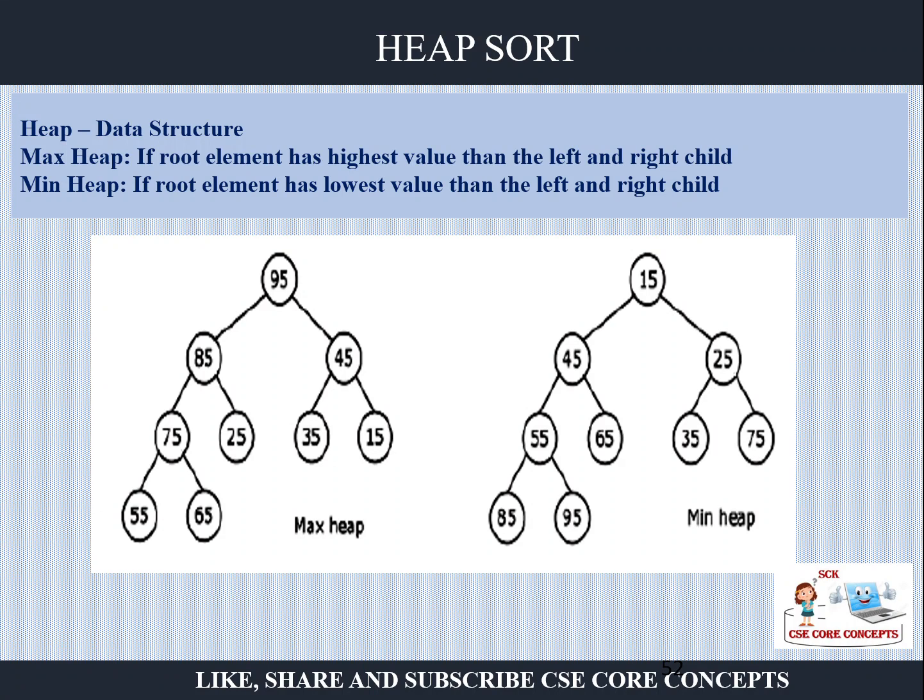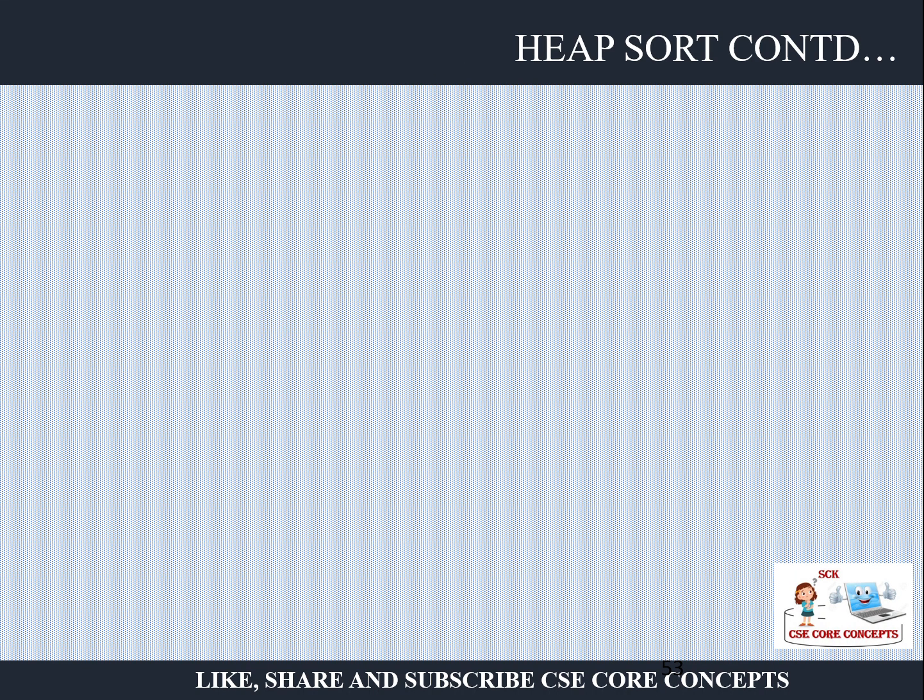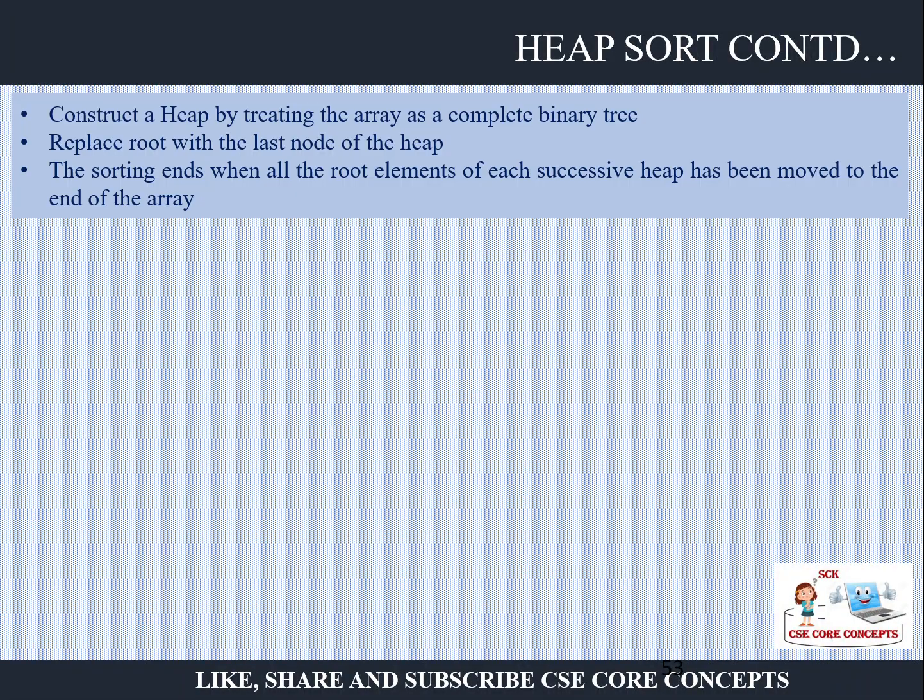Now the approach I am going to use here to teach will be using a max heap, so we assume that the root element is the highest element. What we basically do in heap sort is construct a heap by treating the array as a complete binary tree. So what do you mean by a complete binary tree? When all the nodes have exactly two children, it is called a complete binary tree.